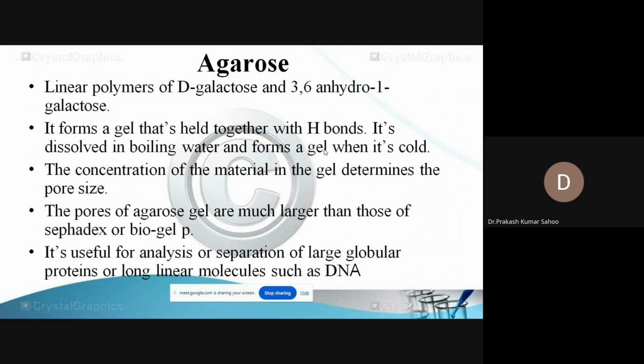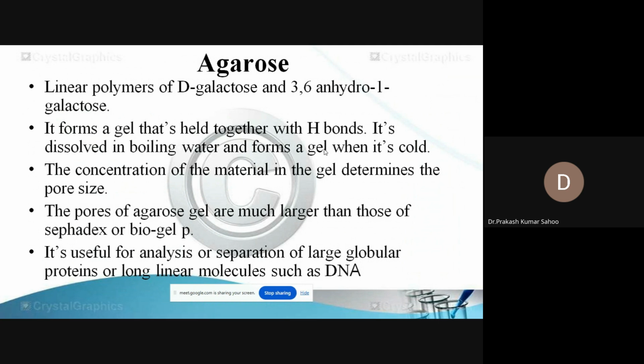The concentration of the material in the gel determines the pore size. The pores of agarose gel are much larger than those of Sephadex or Biogel P. It's useful for analysis or separation of larger globular proteins or long linear molecules such as DNA.